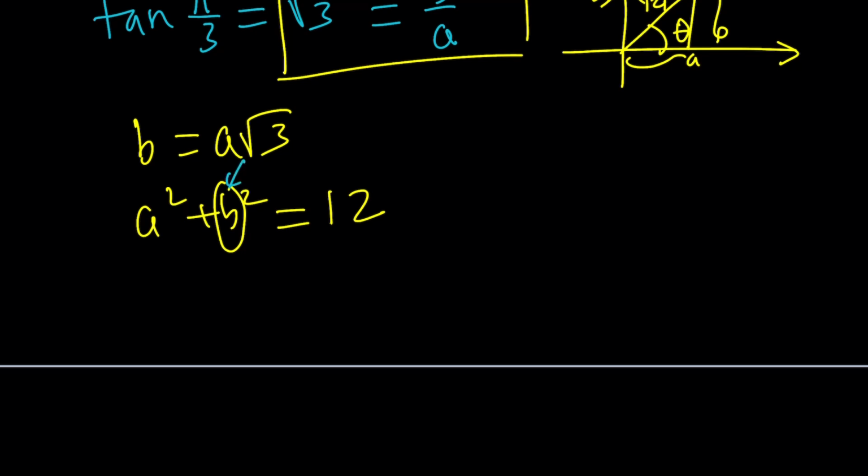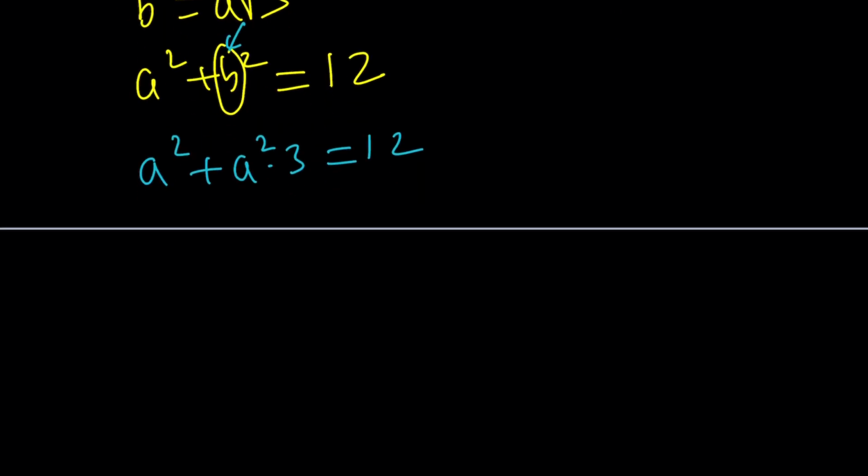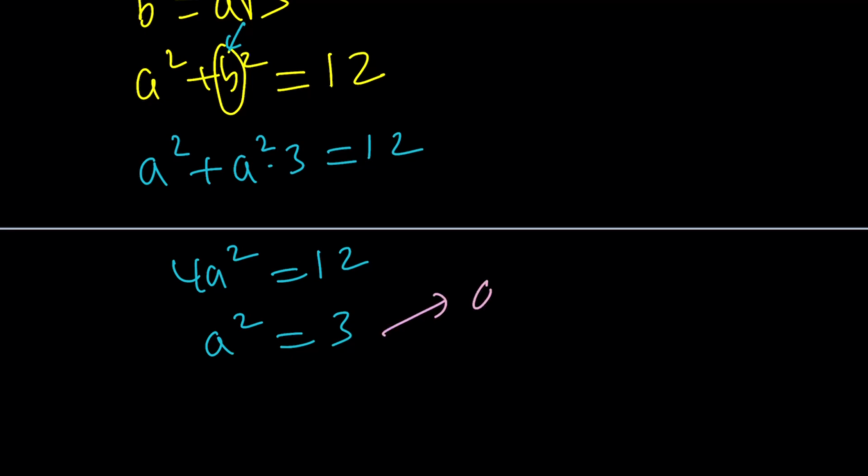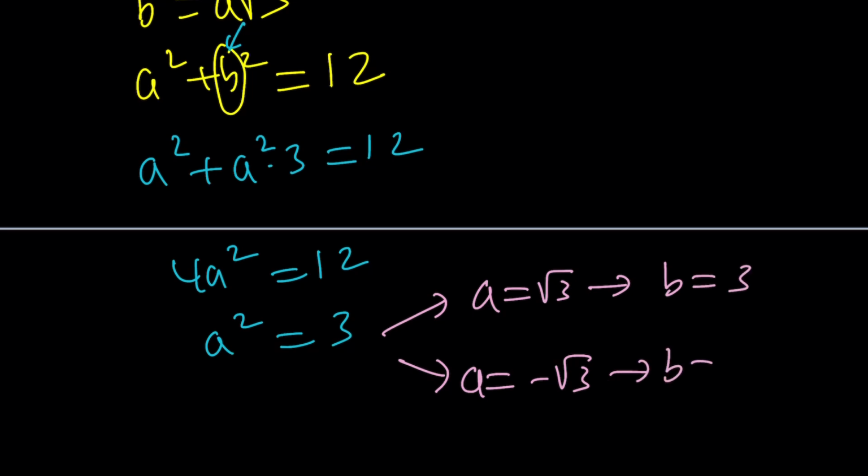That gives us a squared plus a squared times 3 equals 12, or 4a squared is equal to 12, or a squared is equal to 3. Now this gives you two solutions. That's why you have to be very careful. This is a little tricky in that sense. A is either root 3 or negative root 3. Make sense? And if a is equal to root 3, then obviously b is going to be root 3 times that, which is 3, or negative 3.